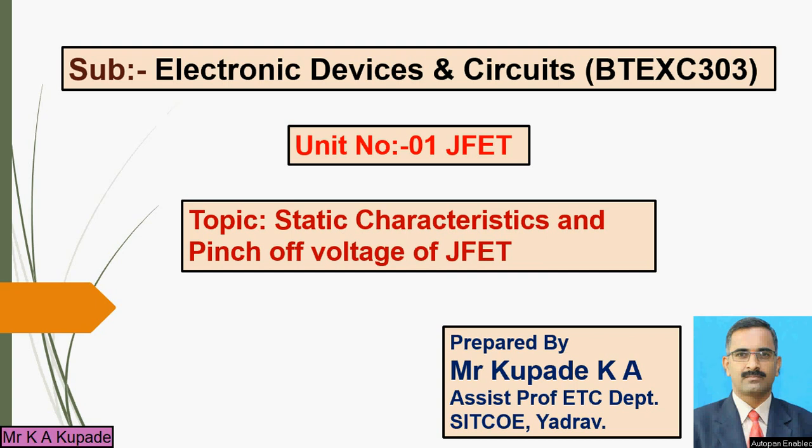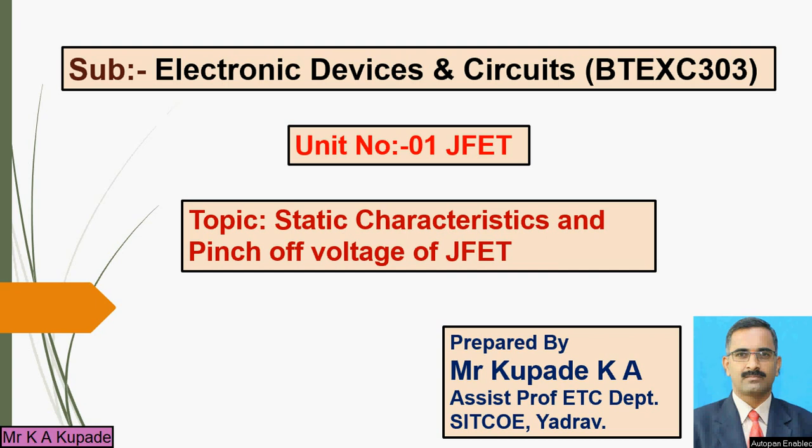Here, the source is the entry point for the majority carriers, and the drain terminal is the exit point for those majority carriers. Between these two terminals you apply the voltage.